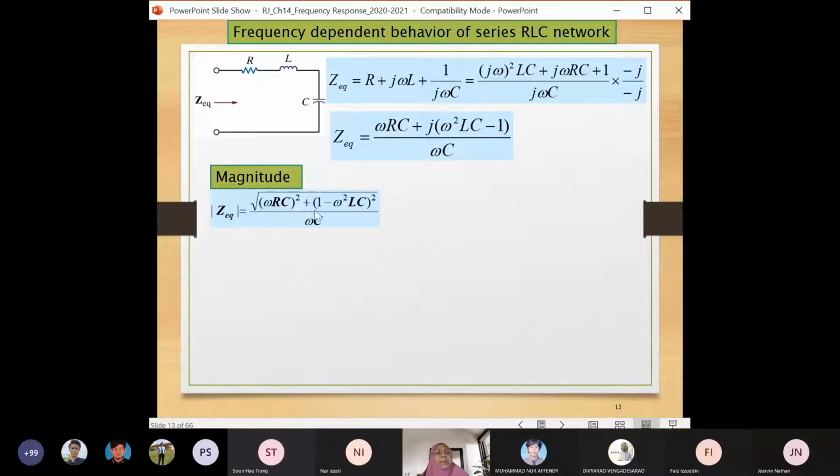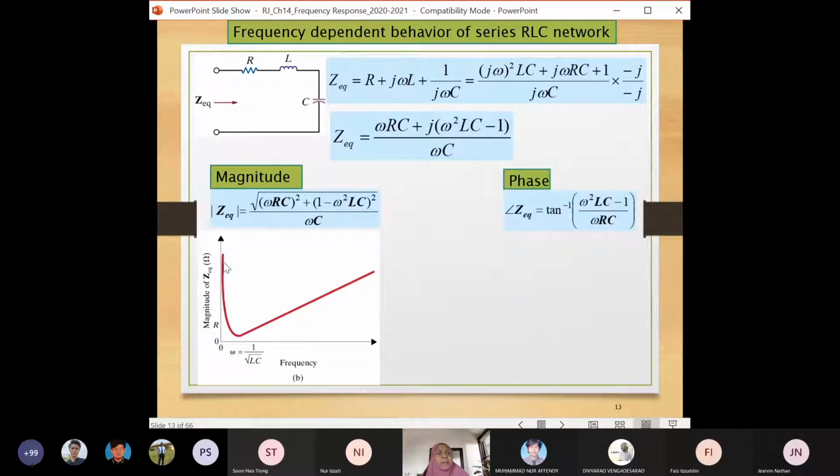The magnitude of the impedance is the square root of omega RC squared plus 1 minus omega squared LC squared, divided by omega C. In terms of the frequency response of the magnitude, the effect of the capacitor is pronounced in the smaller frequency range, but at the higher frequency range you will see the effect of inductance.